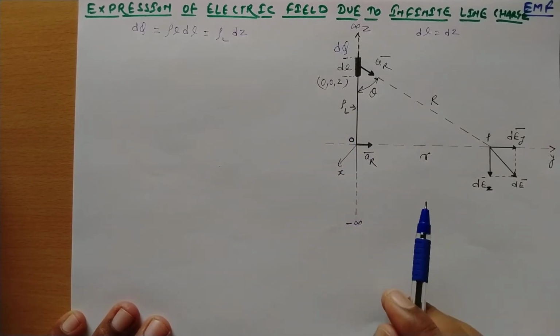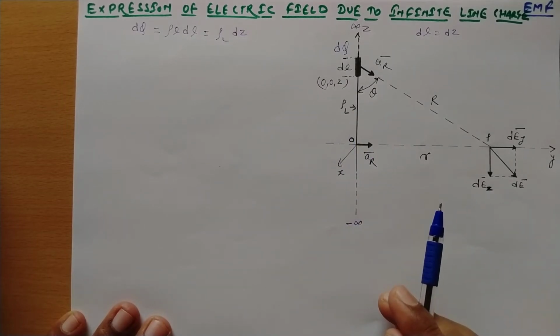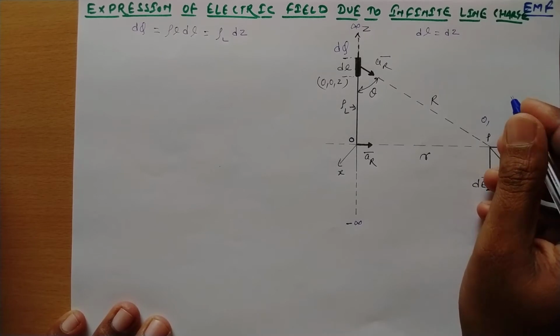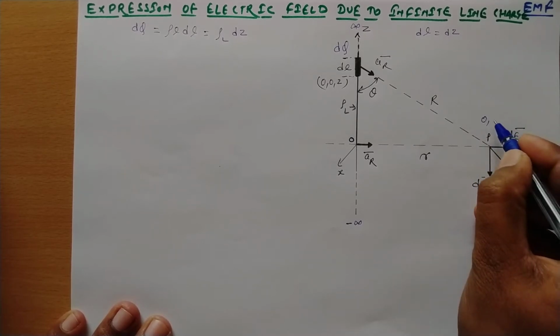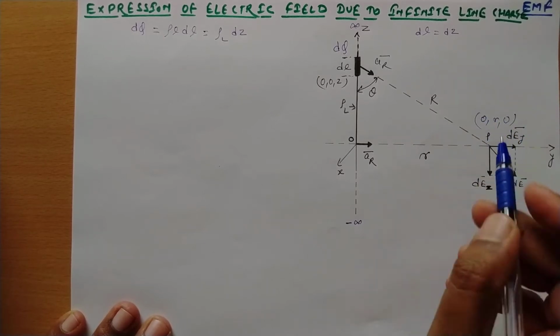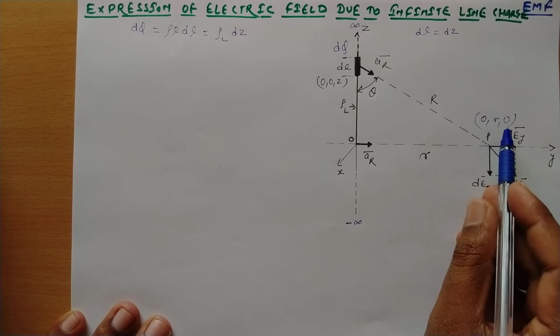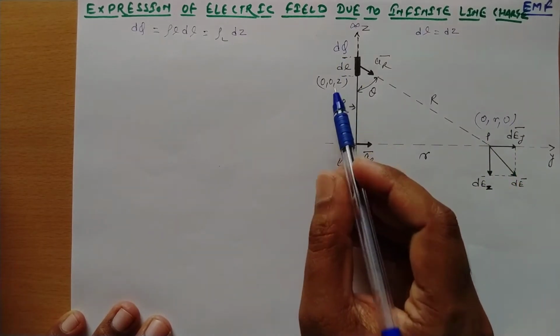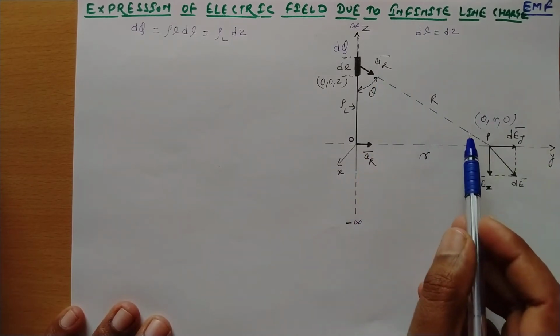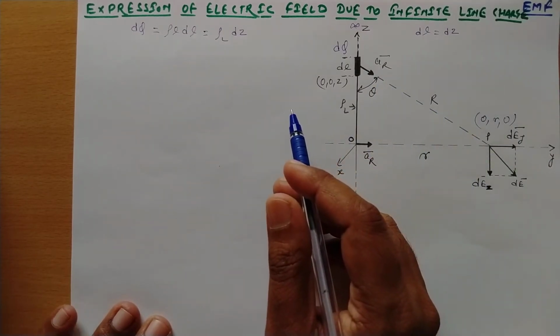For the point P, the coordinates are 0, r, 0, because it is 0 on the x-axis, placed on the y-axis so it is r, and 0 on the z-axis. So the coordinates of point P are 0, r, 0 and the coordinates of the charge are 0, 0, z.